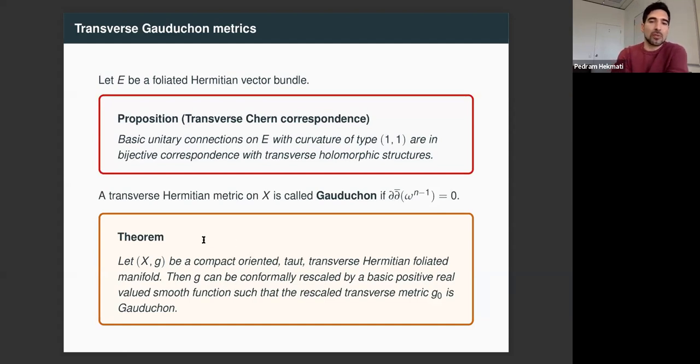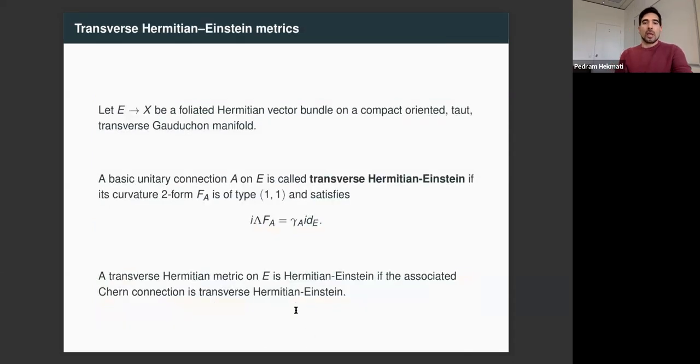But again, using a standard maximum principle, you can prove that every conformal class of these transverse Hermitian metrics admits a Gauduchon metric, meaning you can scale it by a basic positive real-valued function. And in fact, this function in dimensions 2 and higher is unique if the manifold is connected. All right, so this is all the background we need.